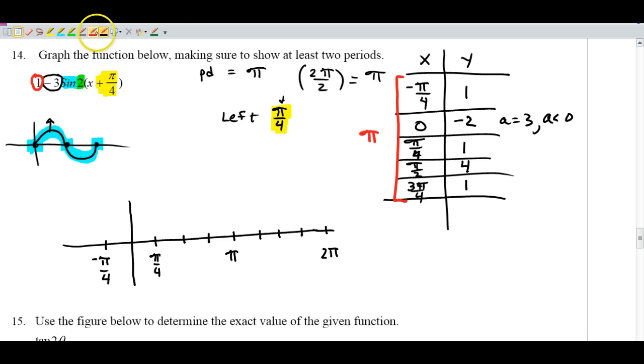Negative pi over 4, I'm going to use 1, 2, I have to go all the way up to 4, so I'm going to go 3, 4, and I'm going to go 1, 2, 3, 4 on the negative side.